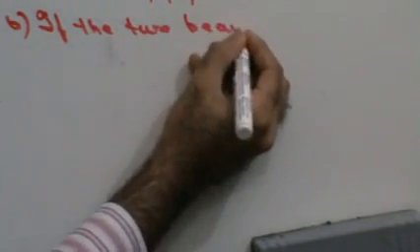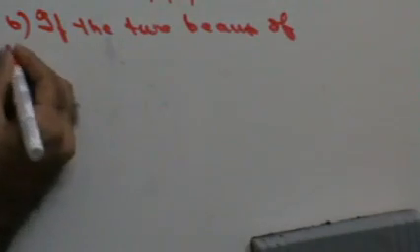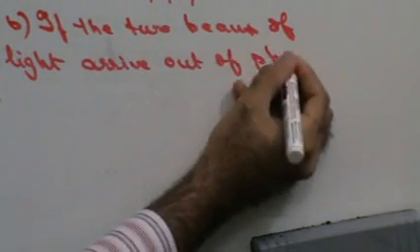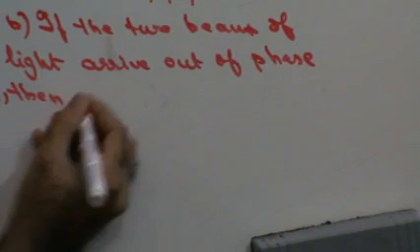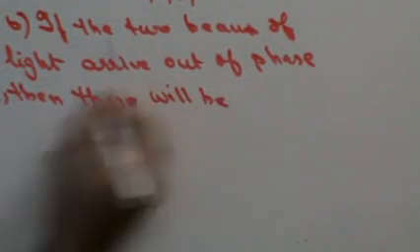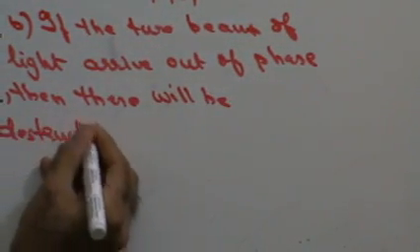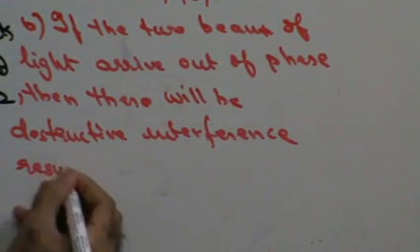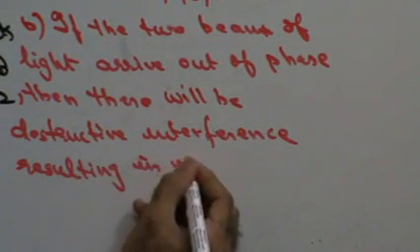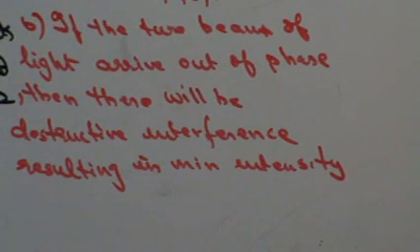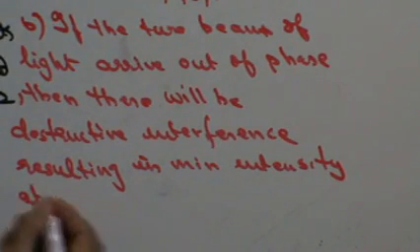If the two beams of light arrive out of phase, then there will be destructive interference resulting in minimum intensity at the point.